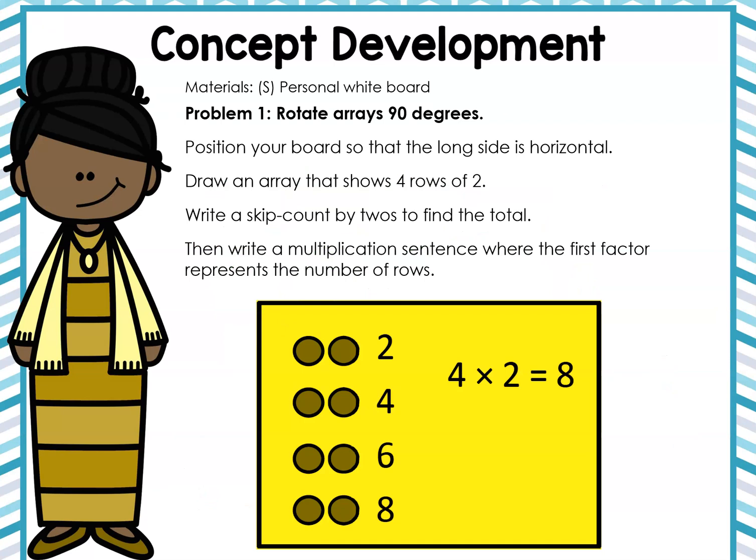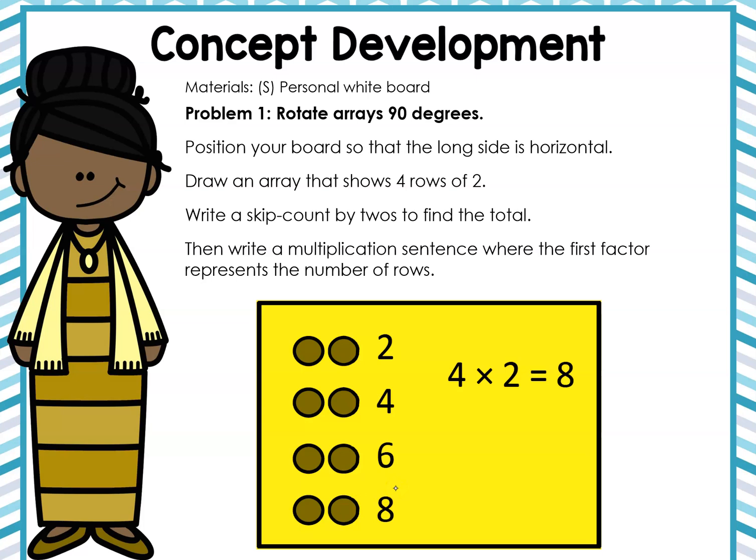Okay, so look at the array we have down here in yellow. We have 4 rows of 2. So if we were to skip count to find the total of that array, we would have 2, 4, 6, 8. So we would have 4 rows of 2, and then we skip counted to get 8.